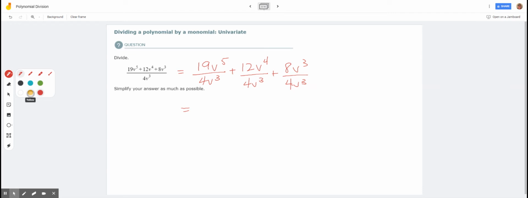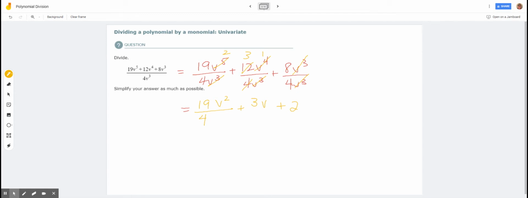Okay, and now we're going to go: 19 fourths, nothing you could do there. b cubed goes into b fifth, b squared. There you go. Plus 4 goes into 12 3 times, so 3b cubed. 4 minus 3 is 1, 1 left over. These cancel, and you get 8 divided by 4, 2. And that's your answer.